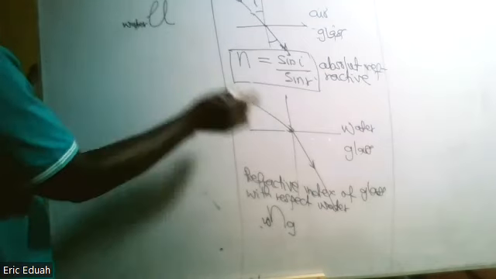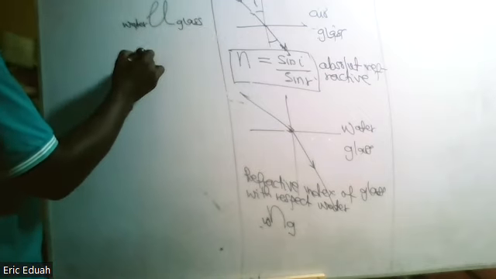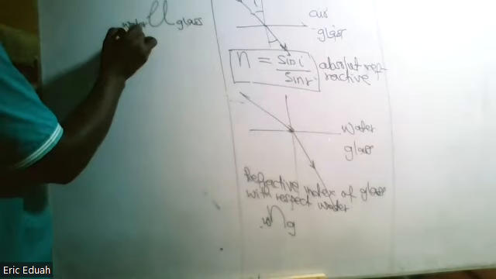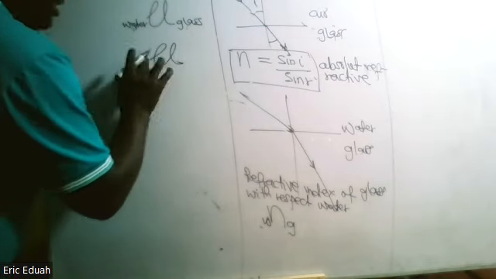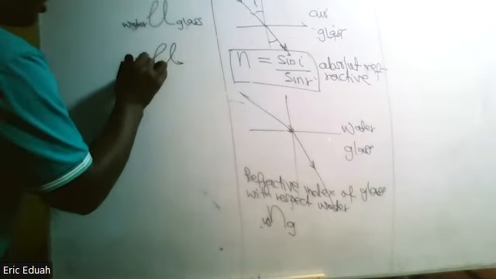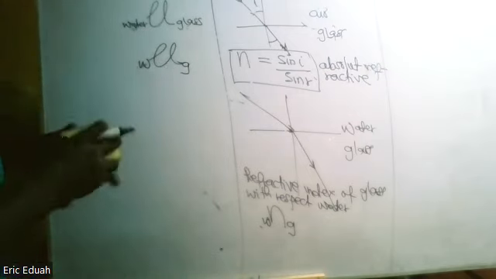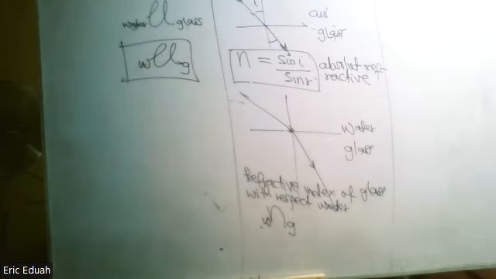The second medium is glass. So this expresses the refractive index of glass with respect to water, or glass through water, which is expressed as Wg. And because this first medium isn't air, we can describe this as absolute refractive index. Please, are we okay?